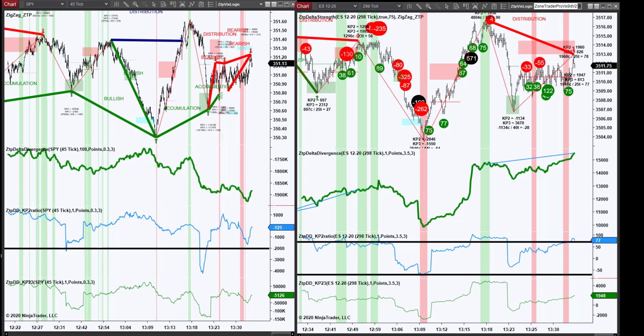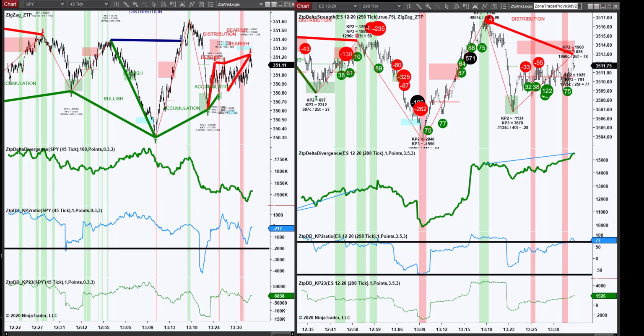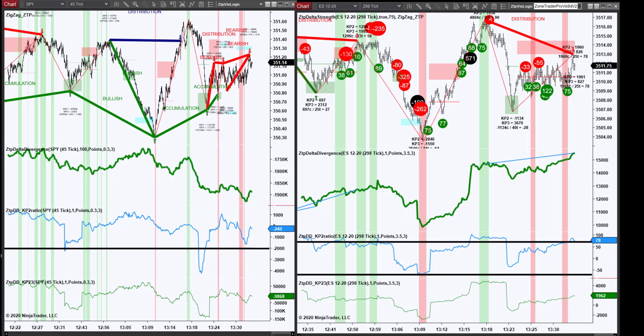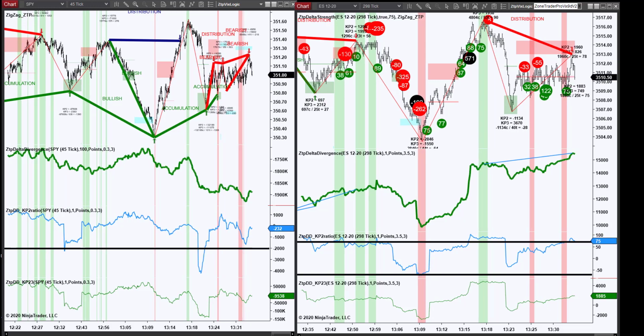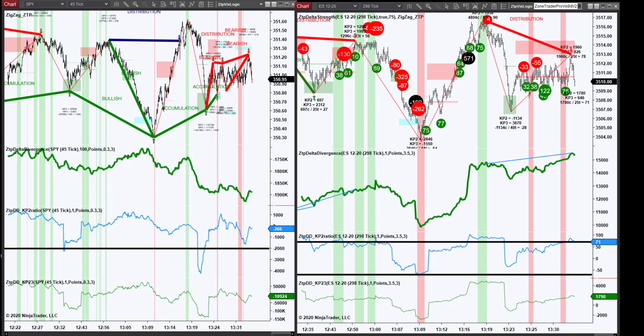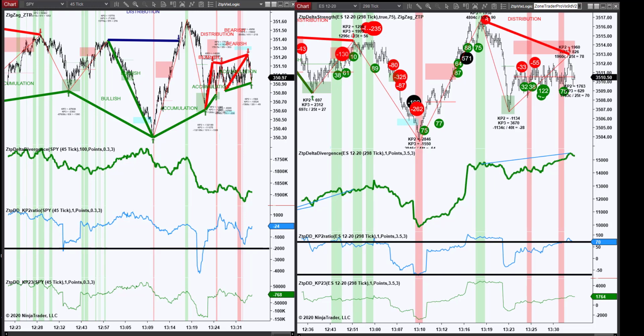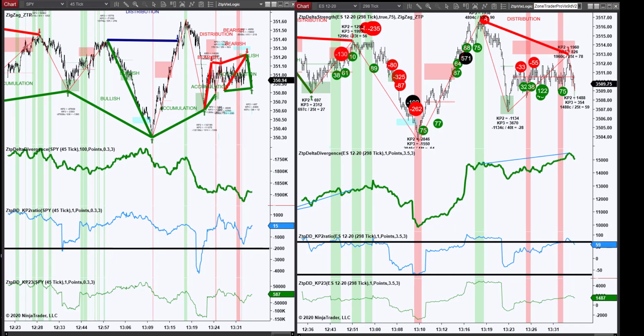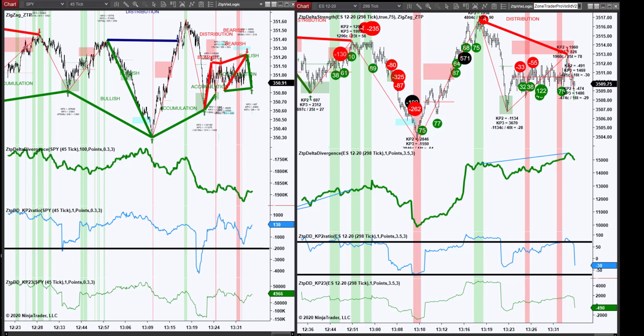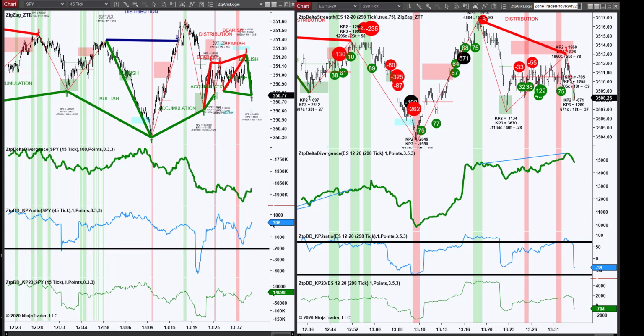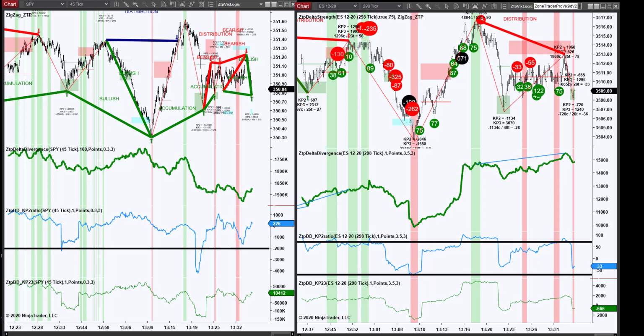The speed of this is sped up to 3 times that of normal, and we can see that we've already had the first of the special divergences form, and we've had the distribution divergence form on the ES chart. Now you can see we have an accumulation buy signal in real time that's going to trade a little bit lower and into the intermediate support zone.